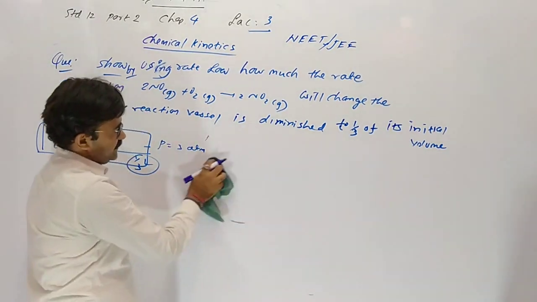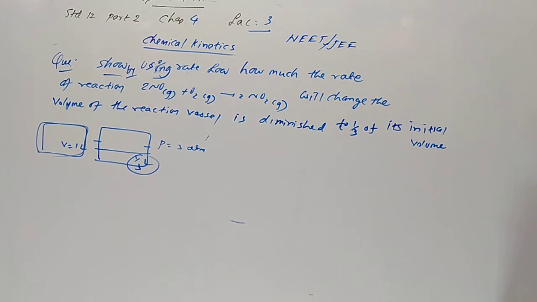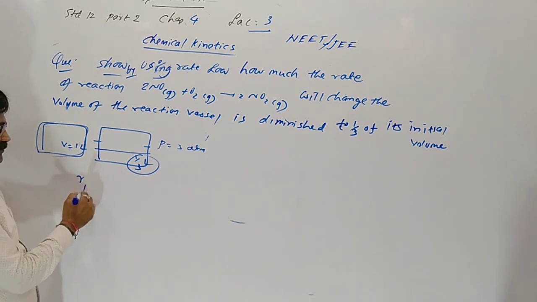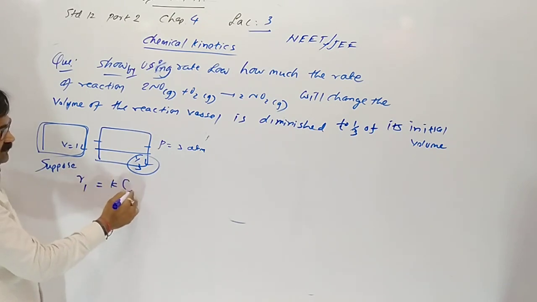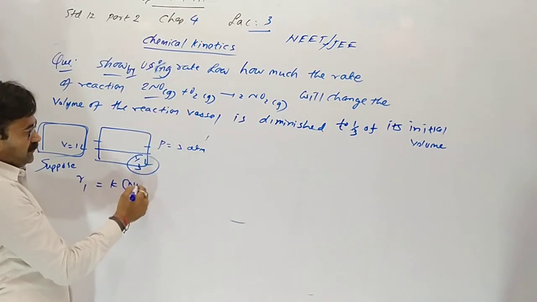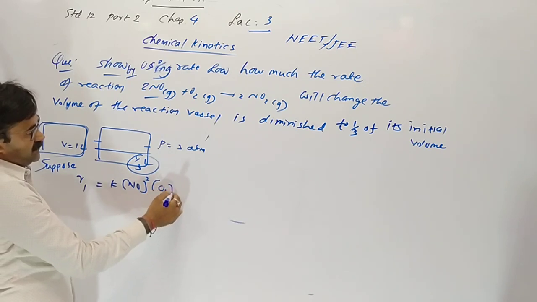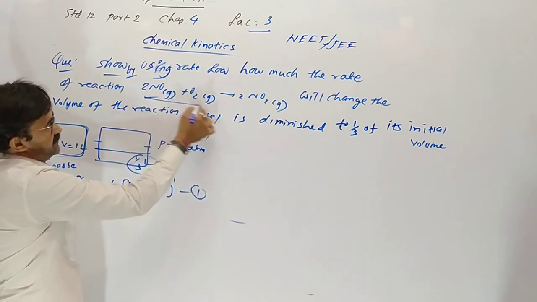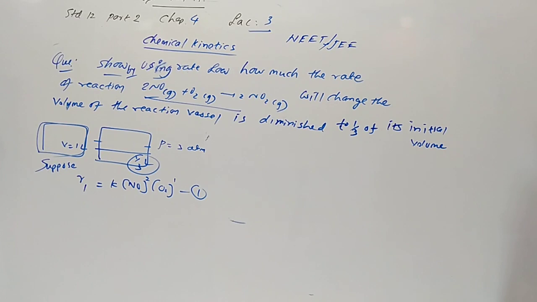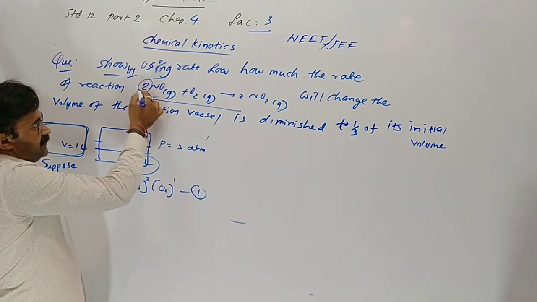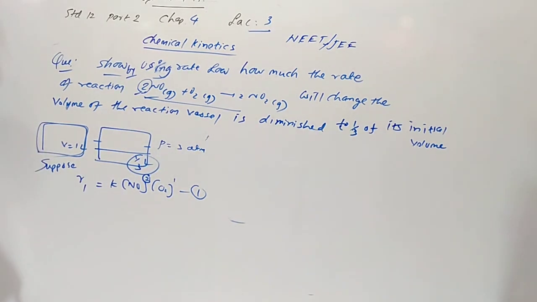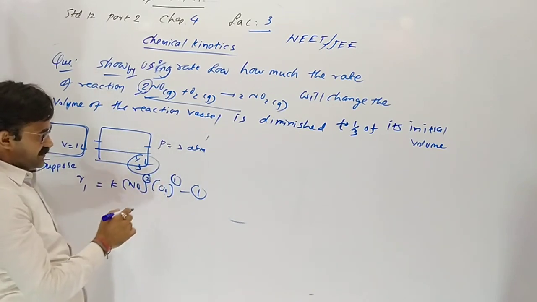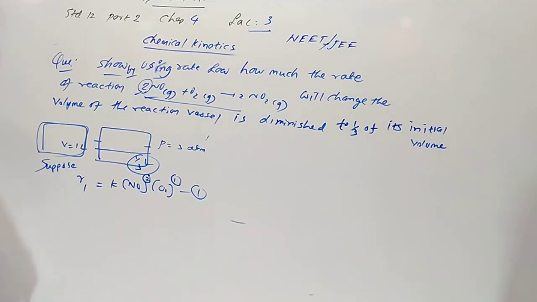In the gaseous state, pressure is its concentration. So suppose the initial rate is K, here NO raised to 2, O2 raised to 1. Why? This reaction is elementary, it occurs in one step, so the stoichiometric coefficient comes as the power.